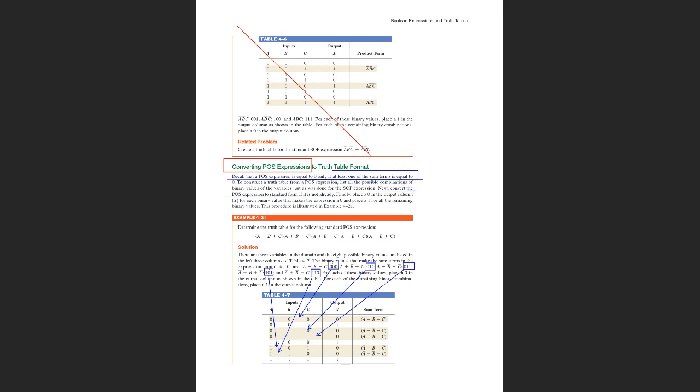Now we have the missing combination 0, 1, 0. For this combination 0, 1, 0, we assign A plus not B plus C. Here we have to remember that B is negated.